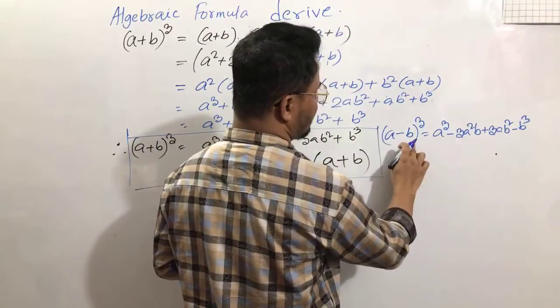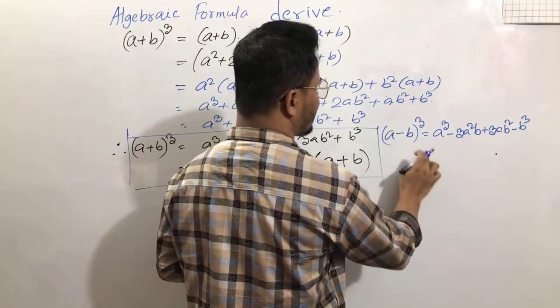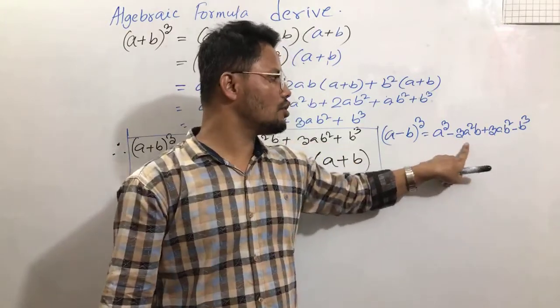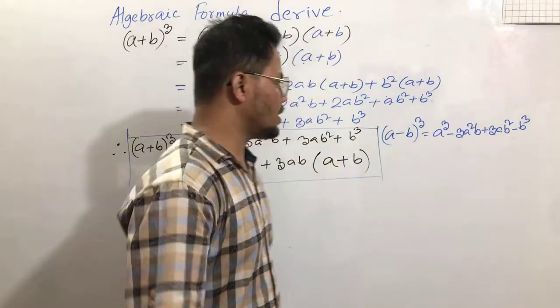Like (a − b) multiplied with another (a − b), after doing the calculation, finally you will get a³ − 3a²b + 3ab² − b³.